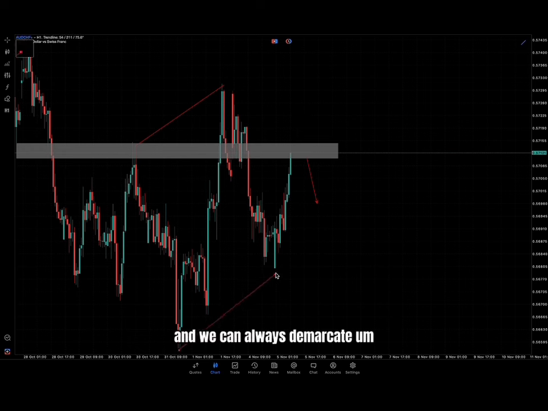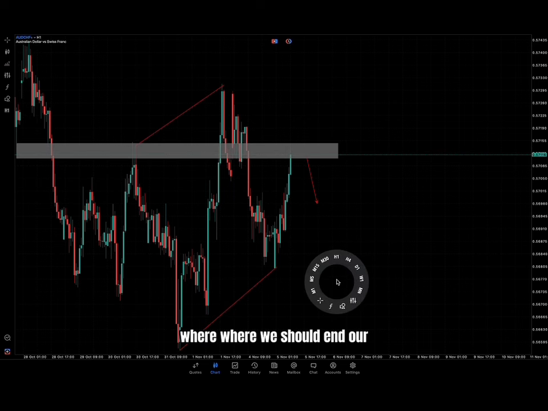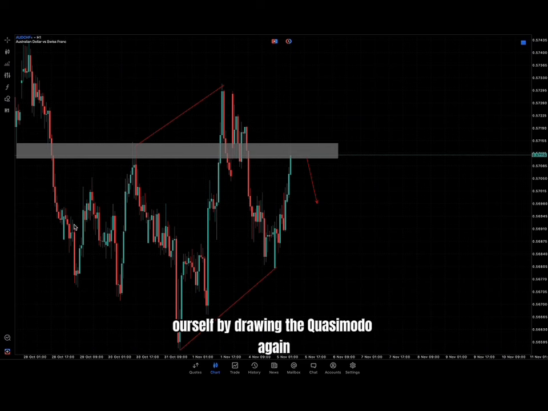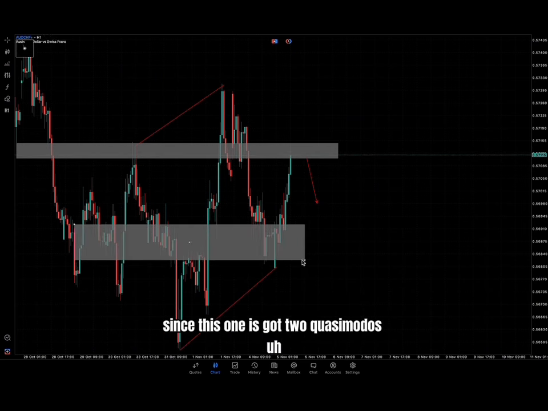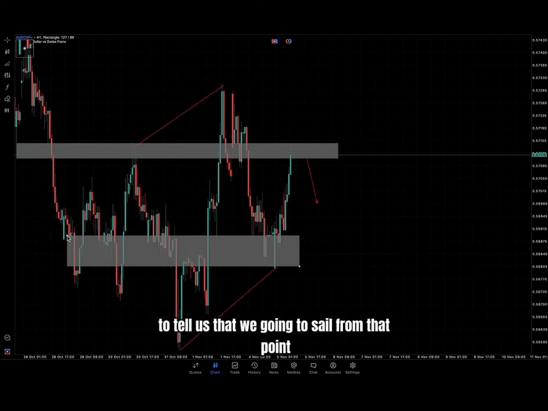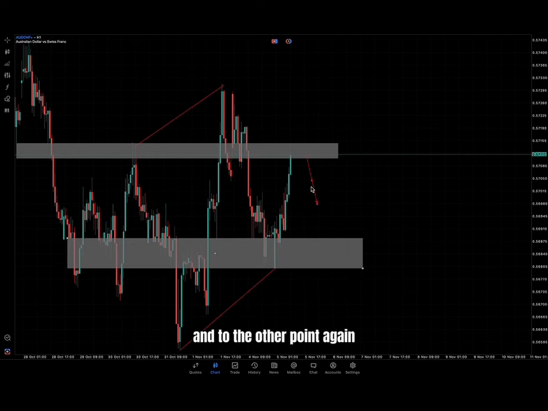And we can always demarcate where we should end our sell by drawing the Quasimodo again, since this one has got two Quasimodos from above and from below. So if you set our gray area again, it's going to tell us that we're going to sell from that point and to the other point again.